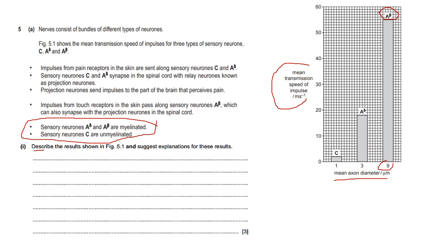So you can then say, based on this trend, the higher the diameter of the axon, the higher the mean transmission speed.